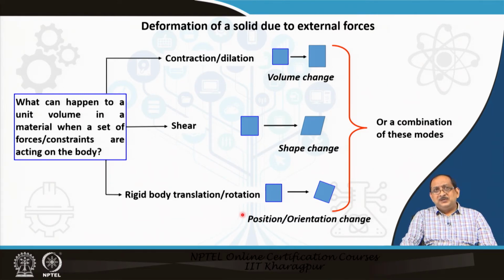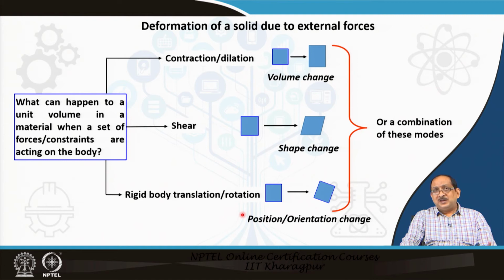Now, what happens when a body is subjected to a set of forces and constraints in generalized form? We will consider the deformation of the solid body due to the action of the external forces and constraints. It can actually have 3 consequences.